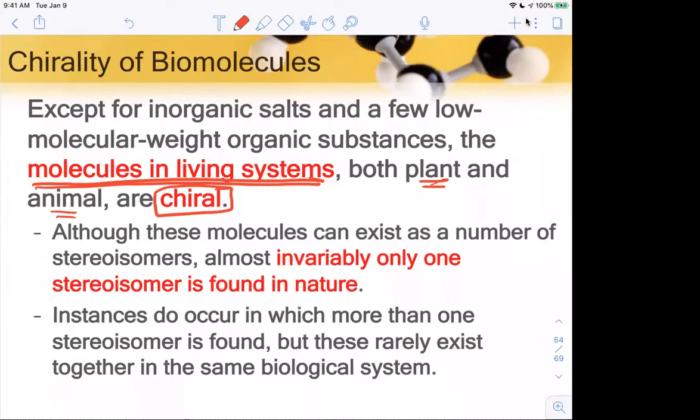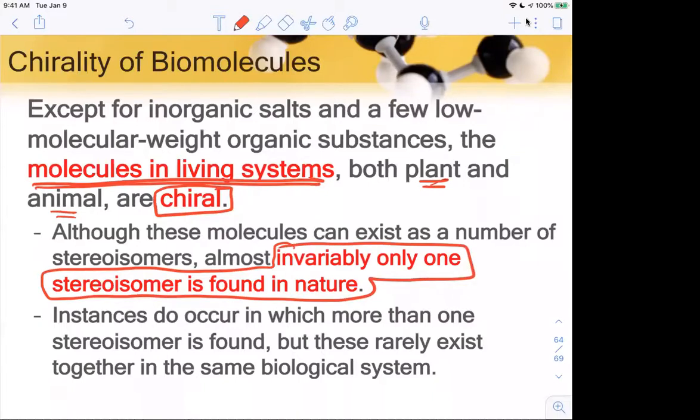Even if I have multiple chiral centers, and the possibility of numerous stereoisomers exists, invariably only one stereoisomer is found in nature. Nature is very stereospecific. Now, instances do occur where more than one stereoisomer is found, but they rarely exist together in the same biological system.